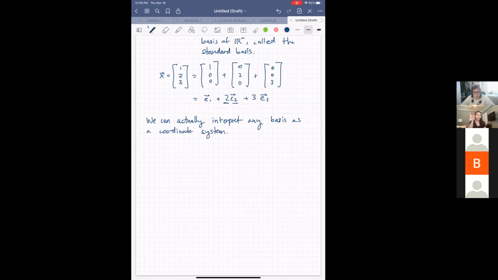And this comes from the fact that, given a basis, there's a unique way to write each vector in that subspace that the basis is for, right?